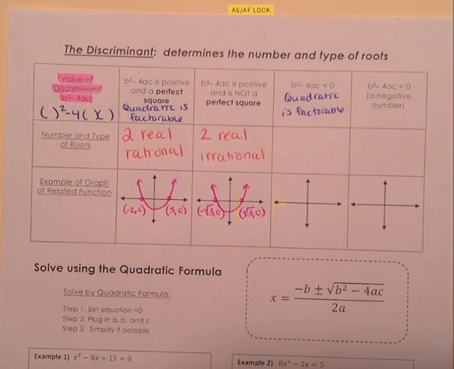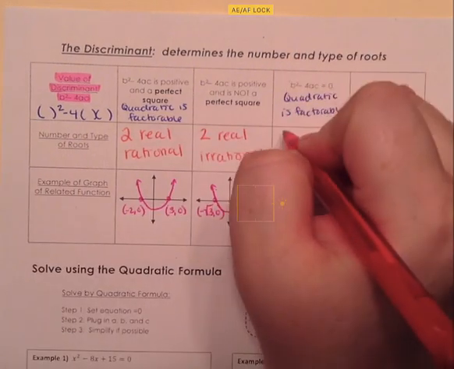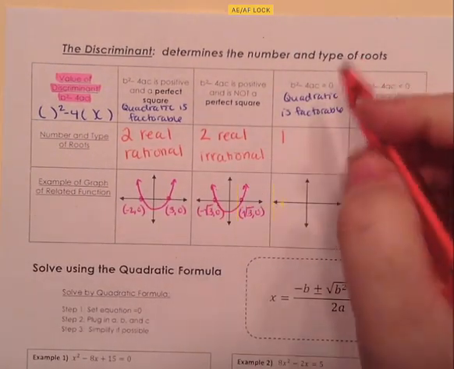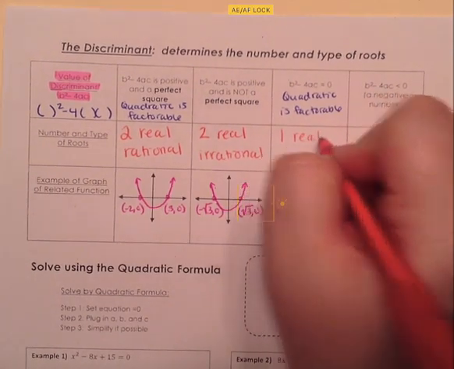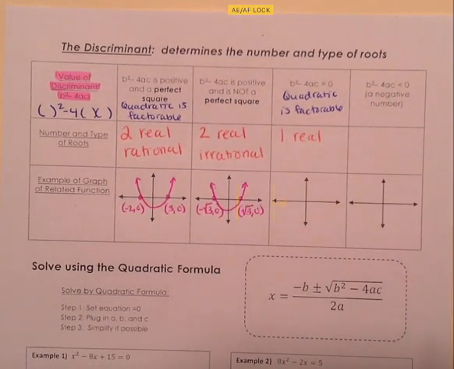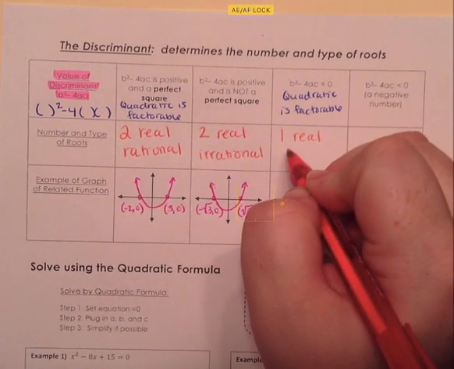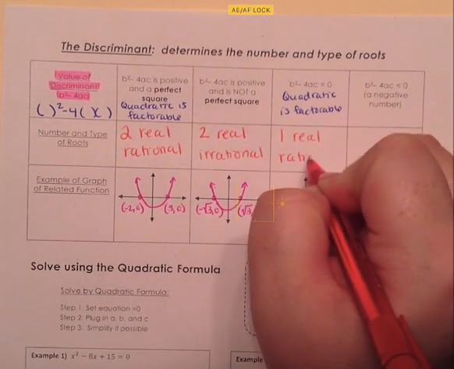And if I were to add 0 or subtract 0, so if I had 5 plus 0 or 5 minus 0, I'd still get the same answer. So we're only going to have one solution. But I can take the square root of 0, so that's why it's going to be real. And anytime I add 0 to anything, my number stays the same. So it will be 1 real rational.